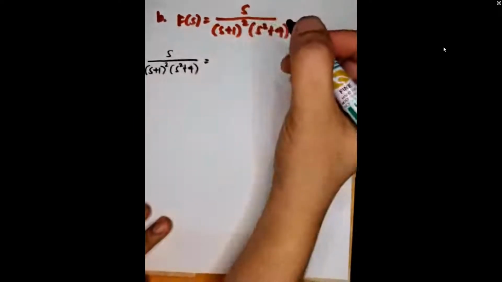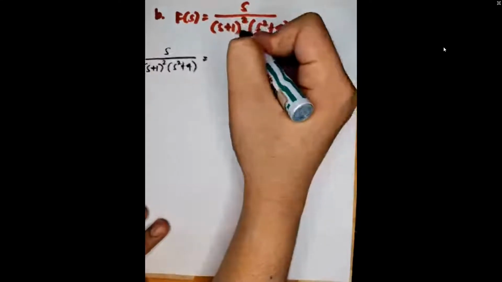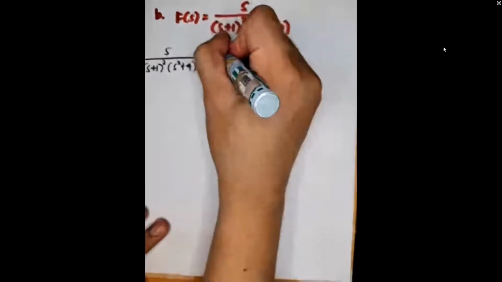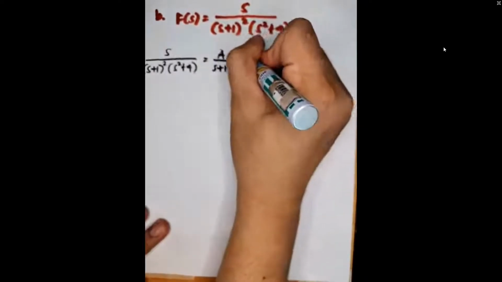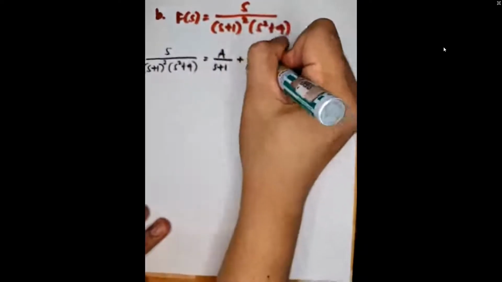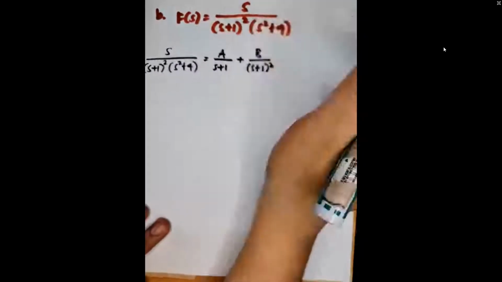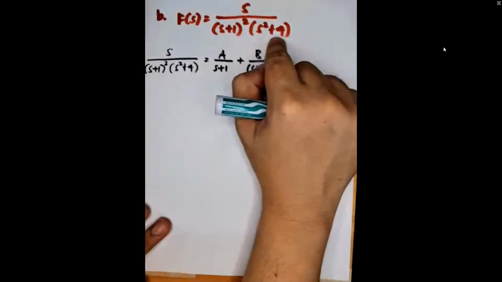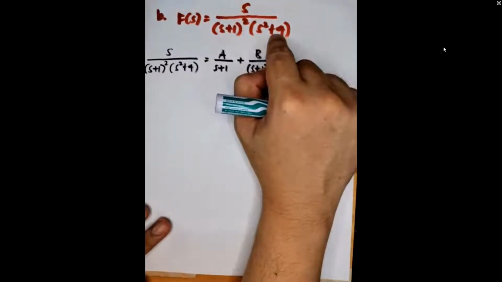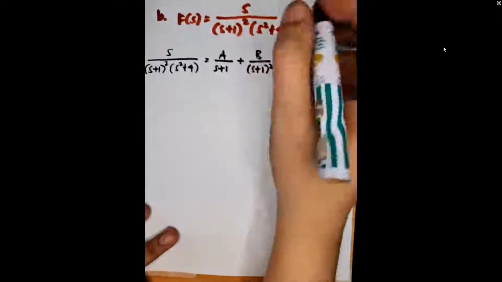Okay, so that's equal to, because this one is case 2, repeated but linear, A over s plus 1 plus B over (s plus 1) squared. Kung tatlo yan, you add C, and so on. And this one is case number 3, that is quadratic and distinct, non-repeated na quadratic.